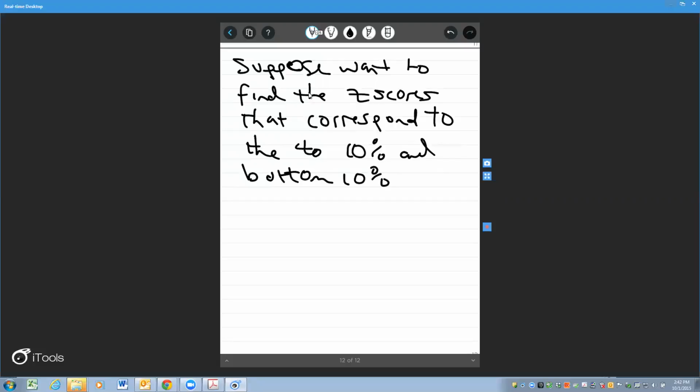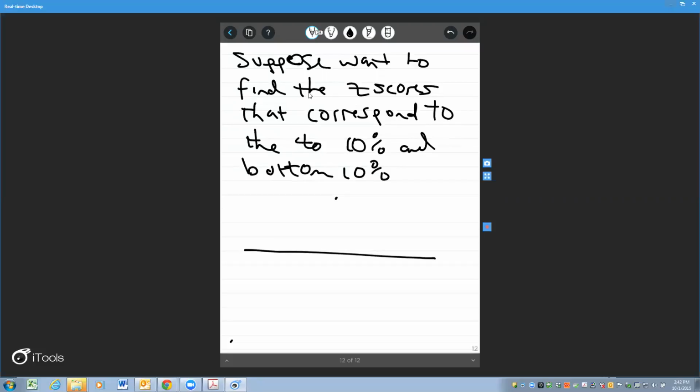So in other words, what I want to do is find the z-scores for my normal distribution where there's 10% above and 10% below. So I'm capturing the middle 80%. So I want to find this z-value and that z-value.